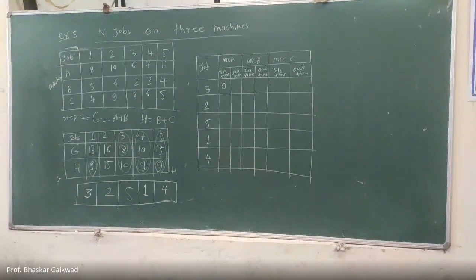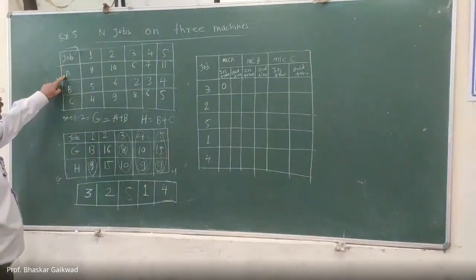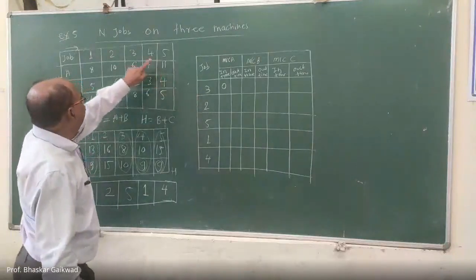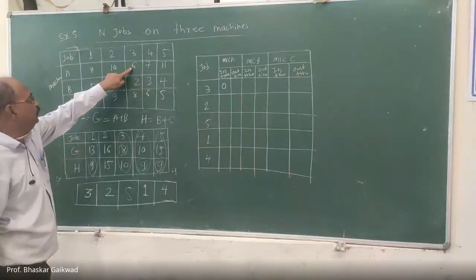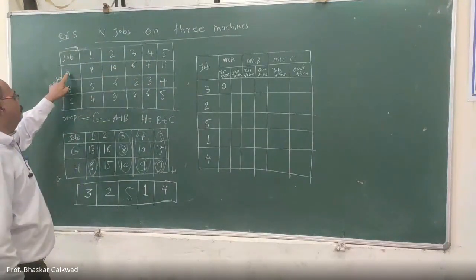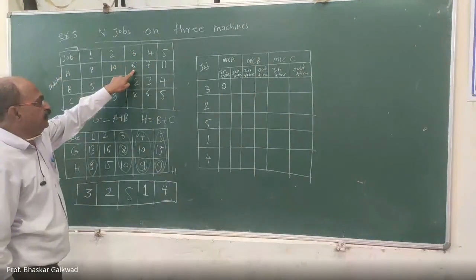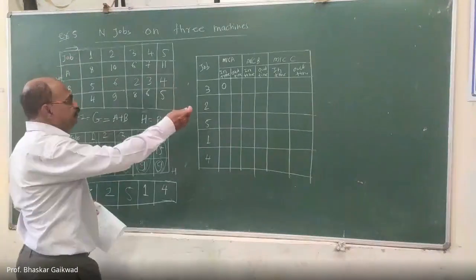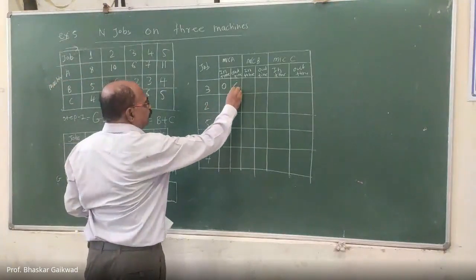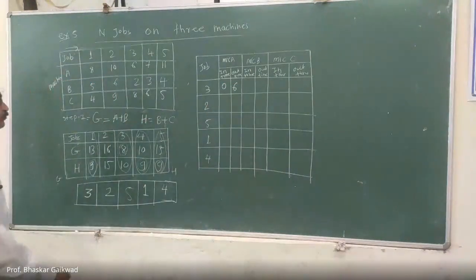Okay. So here the machine A is there and job number 3 is there. What is the processing time? 6. Machine A, third job, processing time 6, means after 6 hours, this job will come out. Correct.